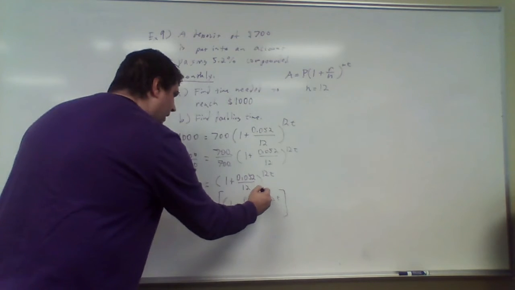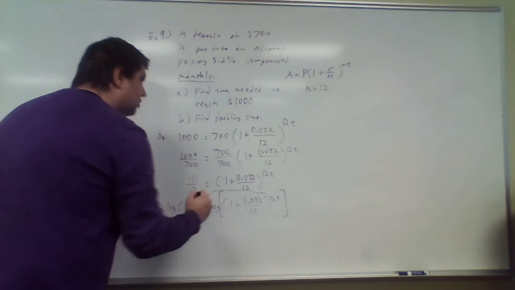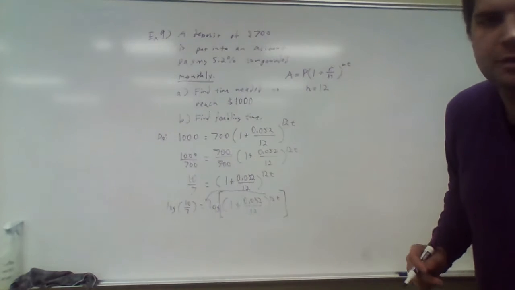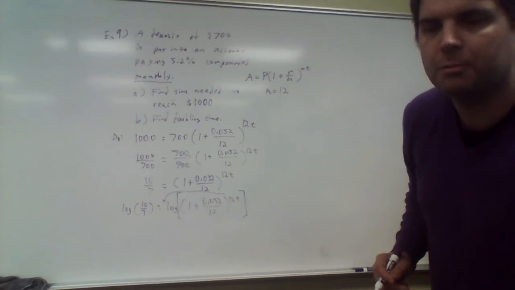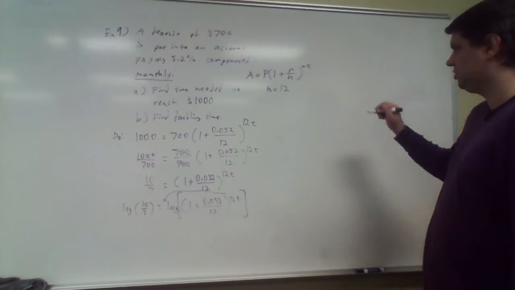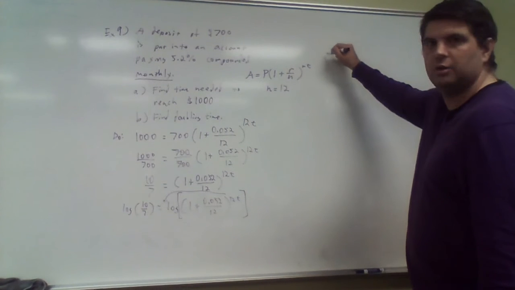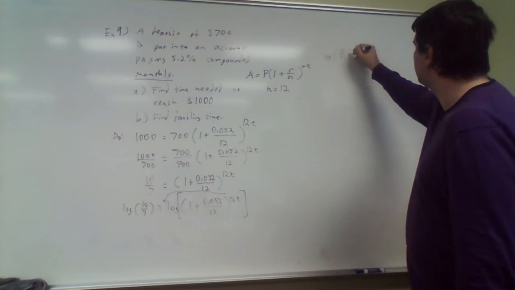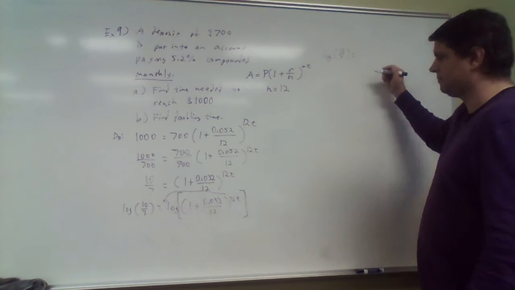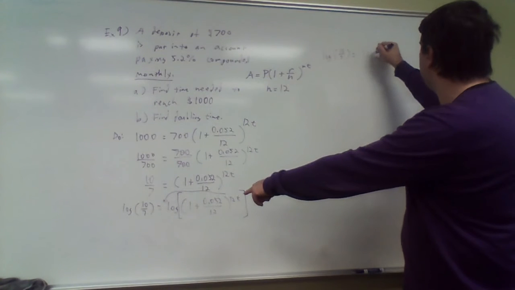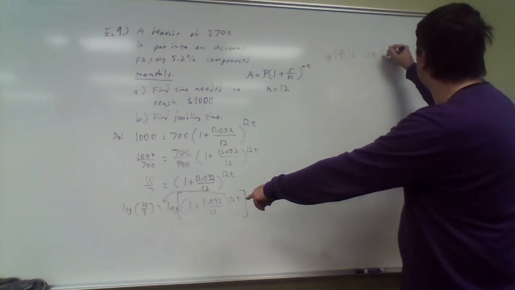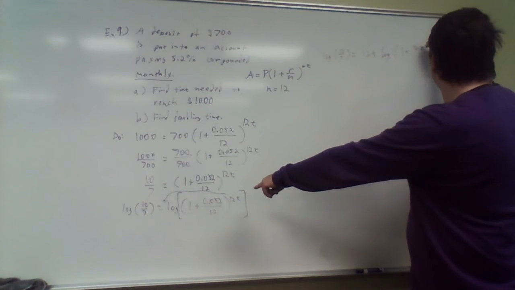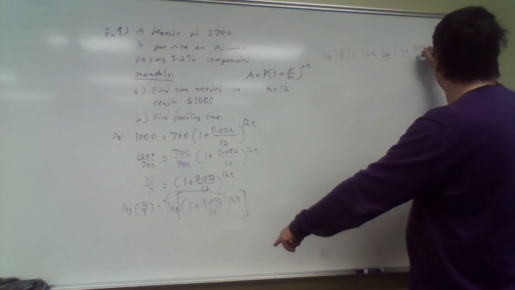And that's going to allow you to take the 12t to the front. I'm going to try to move the podium a little bit. So, log of 10 sevenths equals 12t times log of 1 plus 0.052 over 12.